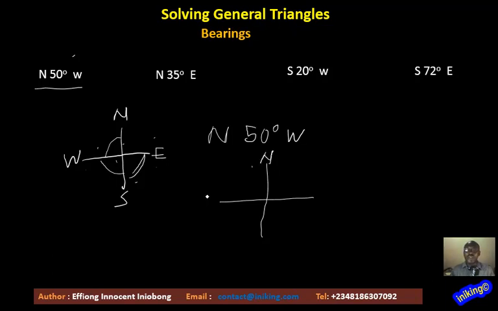I also look at the west. The 50 degrees is saying 50 degrees west of north. Please take note, not north of west, but west of north. So from the north, I'm going to the west by 50 degrees. So I go somewhere beyond 45 degrees, and that is the line. That's the 50 degrees.